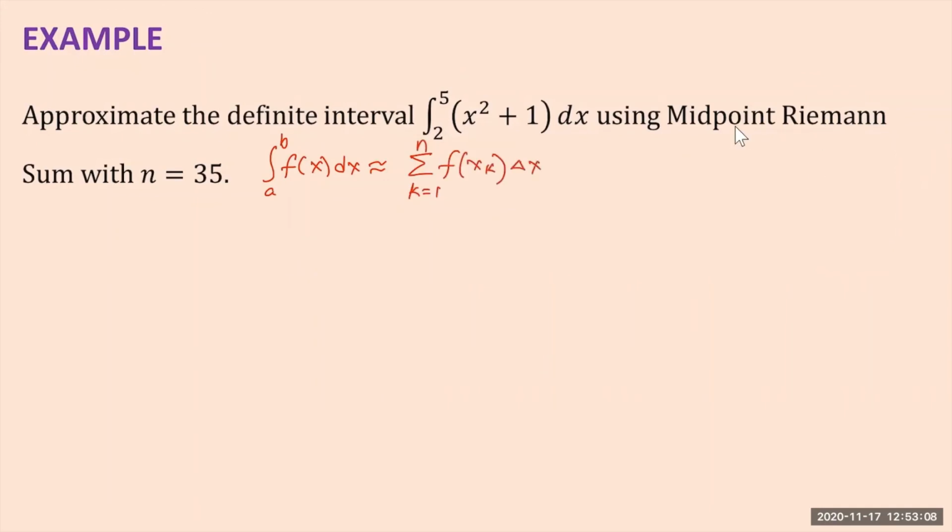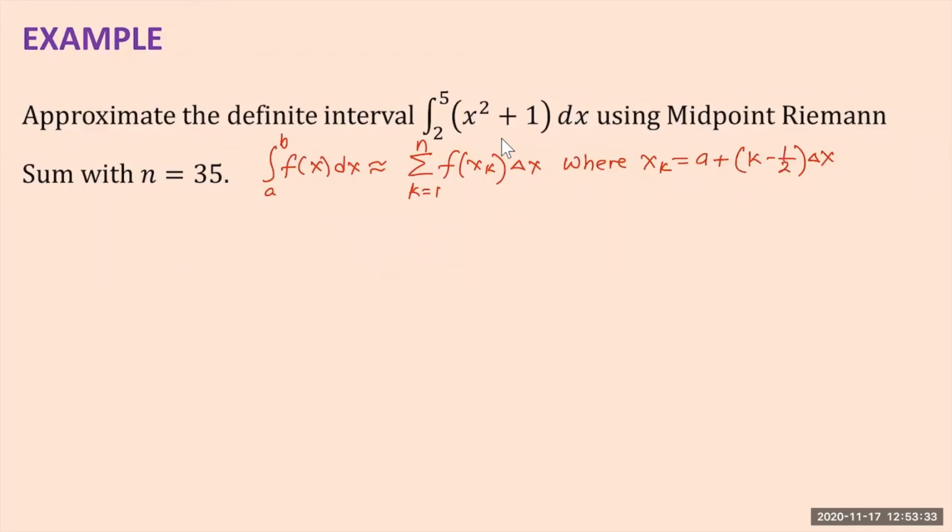And since we are using the midpoint Riemann sum, your xk is a plus k minus half delta x. So we are going to find delta x, xk, and f of xk, and plug into this formula to get the approximate value of this integral.